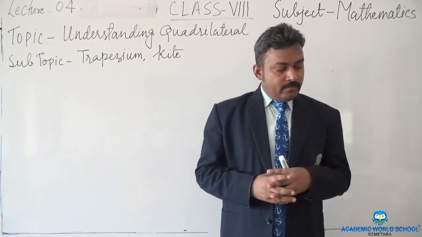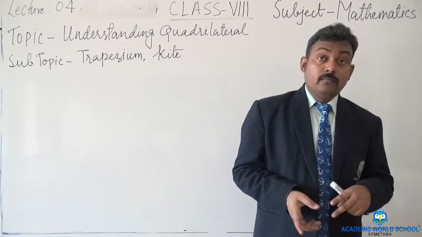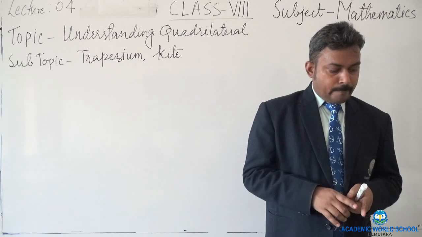Then the rectangle: in a rectangle, diagonals are equal. They bisect each other.